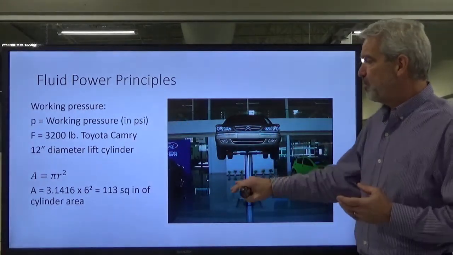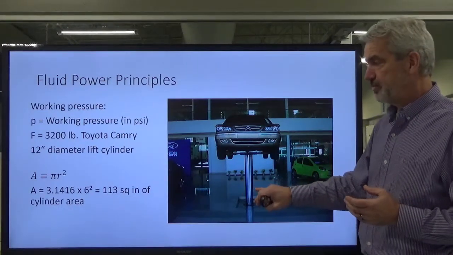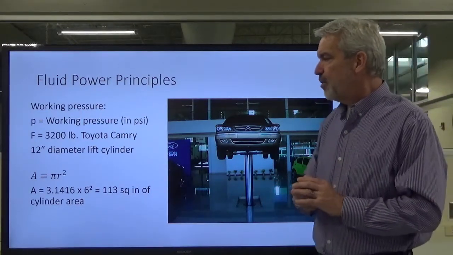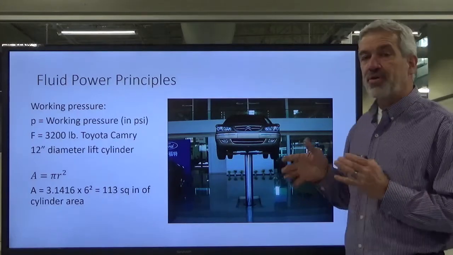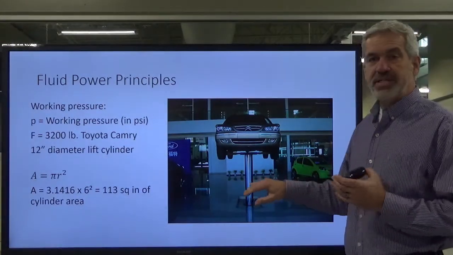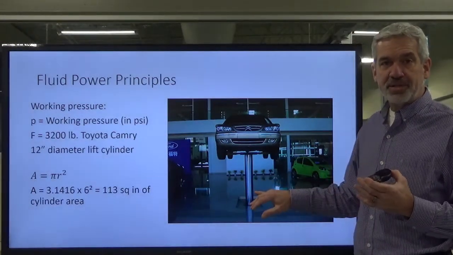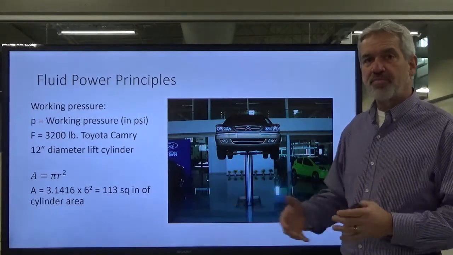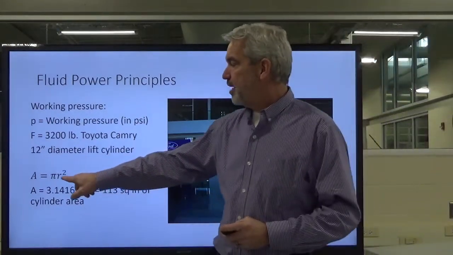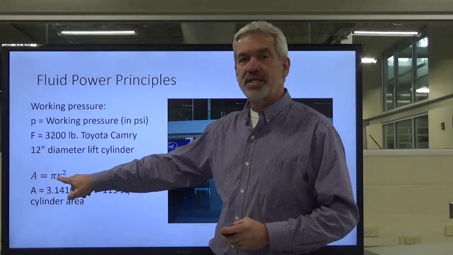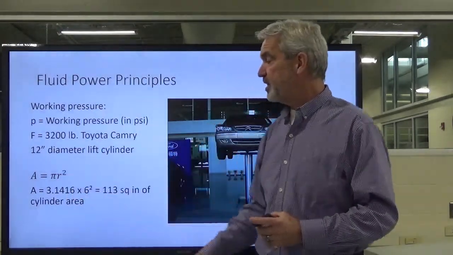Well, we have a 12-inch diameter cylinder, and we want to find the radius of that. We said that the radius is half the diameter of the cylinder, so that'd be 6. If you remember, we have to take the radius and square it. So it's 6 times 6, which is 36.